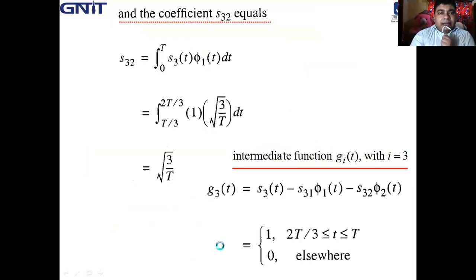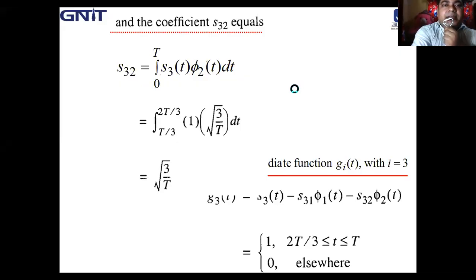Now move to the calculation of S32, which is equal to the integral from 0 to T of S3(t), sorry, it will be phi 2(t). Therefore, S32 is equal to the integral from 0 to T of S3(t) phi 2(t) dt.